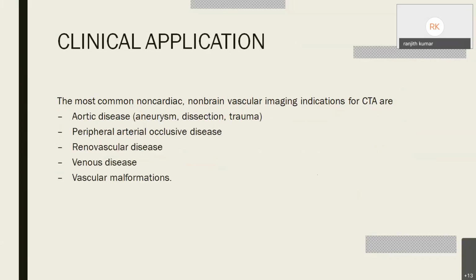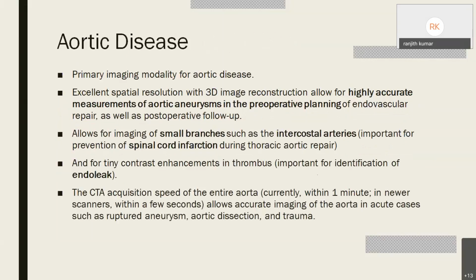So coming to the applications of CT scan in vascular, one is in diagnosing aortic disease like aneurysms and dissection, and also in acute settings like trauma, and chronic diseases like peripheral arterial disease, renovascular disease, venous diseases, and venous malformation. In aortic disease, it is a primary imaging modality.